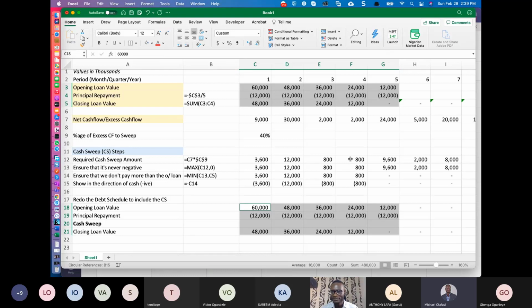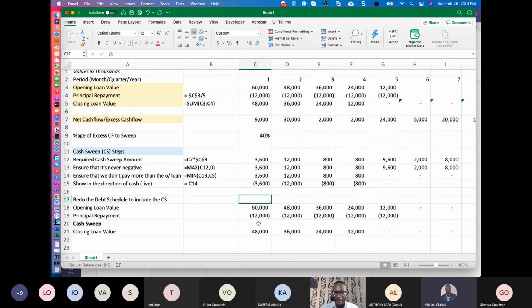So let me check my time. Okay, I think I'm still right on time. I'm going to take all of these 1, 2, 3, 4 steps and do it all here at once, okay? So let's think about it. Step number 1 is that I am calculating the actual cash sweep we need.